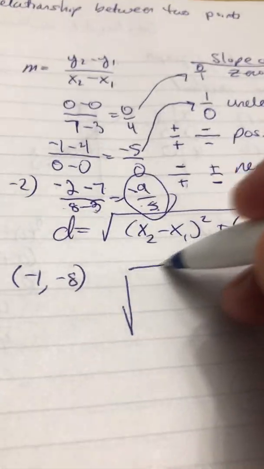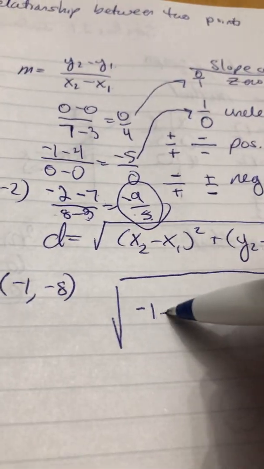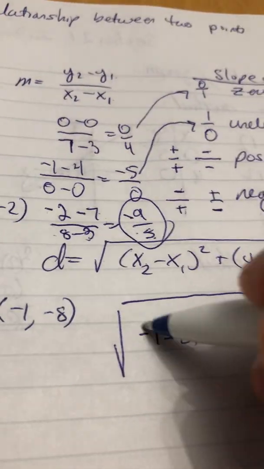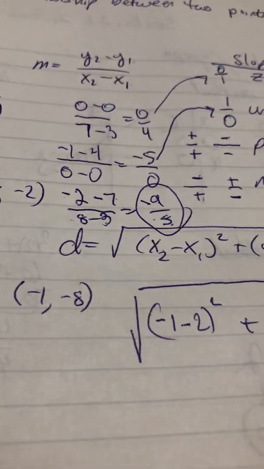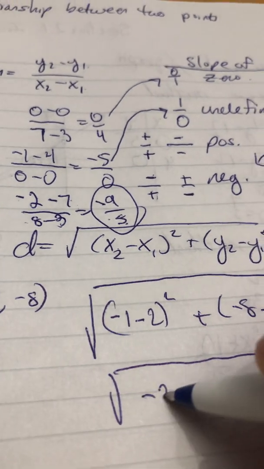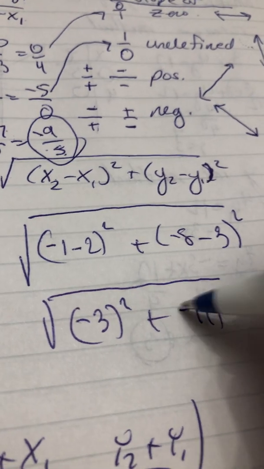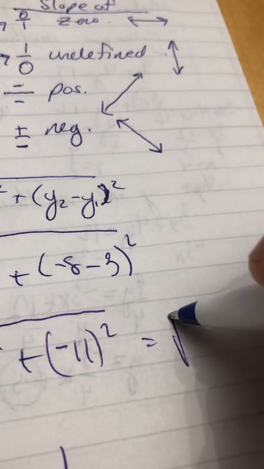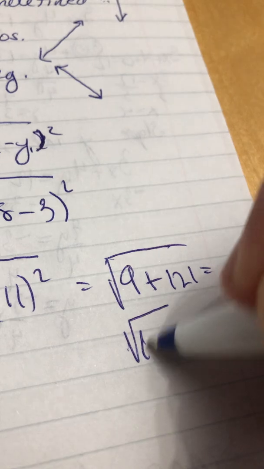So you take the square root of negative 1 minus 2, that quantity squared, plus negative 8 minus 3, that quantity squared. So it is the square root of negative 3 squared plus negative 11 squared, which is the square root of 9 plus 121, which is the square root of 130.